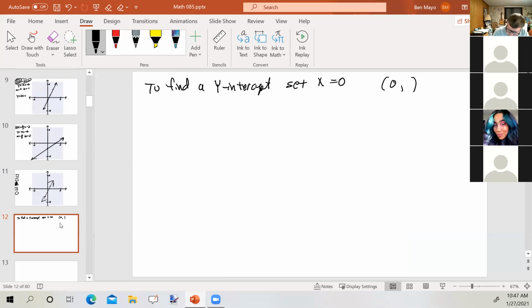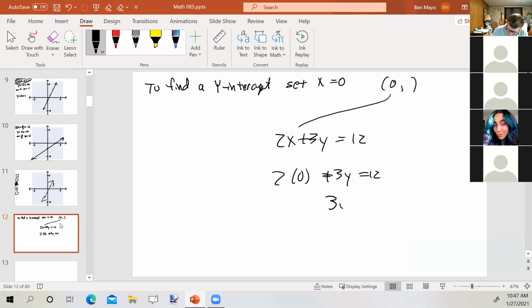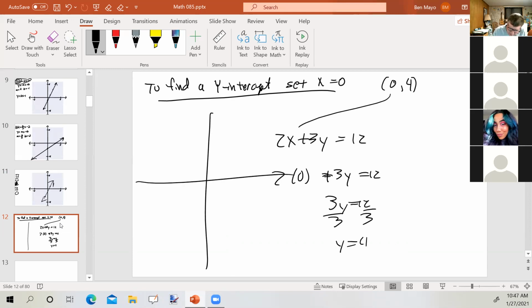If you have some equation, 2x plus 3y equals 12, and you want to find the y-intercept, put 0 in for x, so 3y equals 12, divide by 3, y equals 4. The y-intercept is the point on the y-axis where the graph cuts through. Any questions about that?